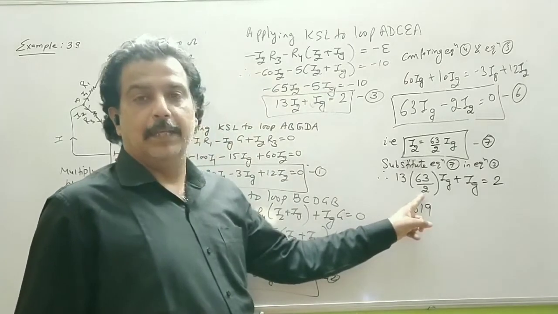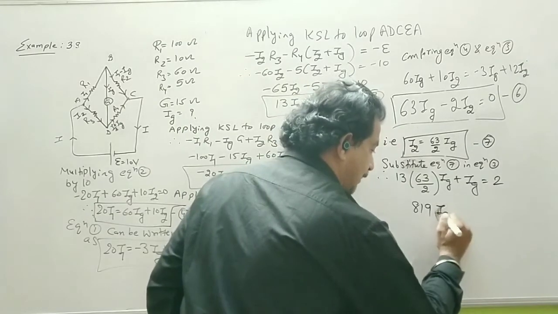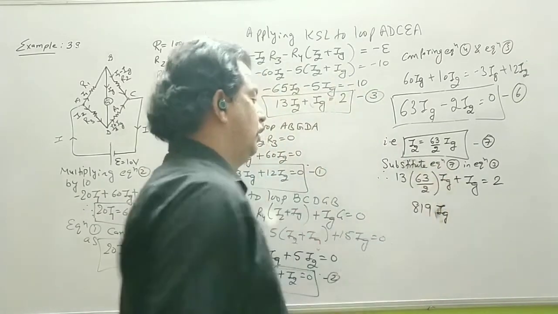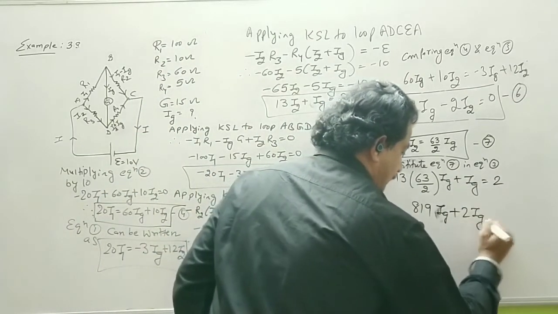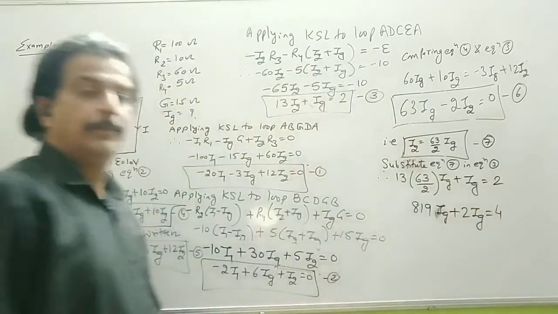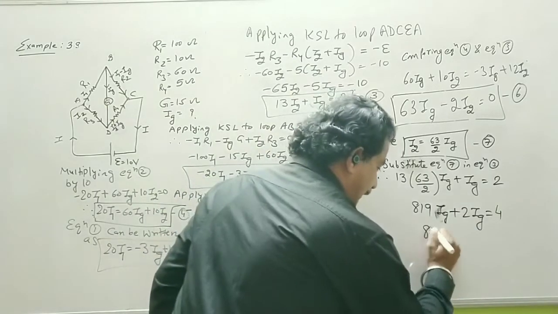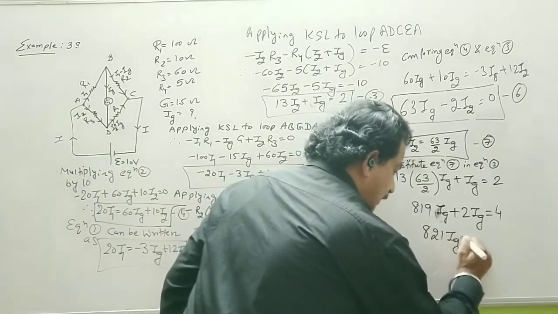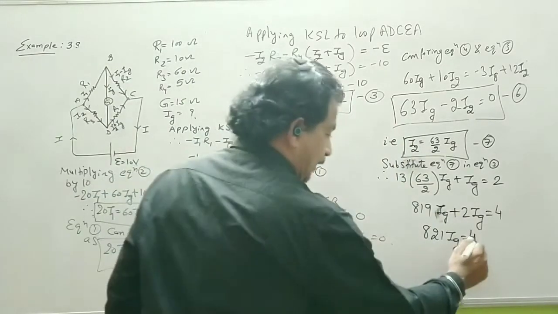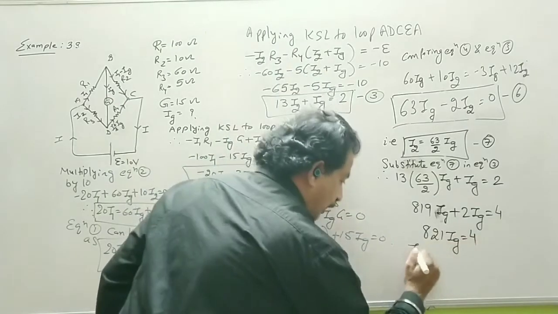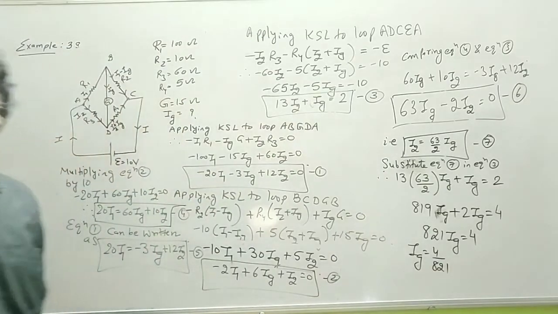So 819 IG plus 2 IG is equal to 4. Now 819 plus 2, that is 821 IG is equal to 4. So IG is equal to 4 divided by 821.